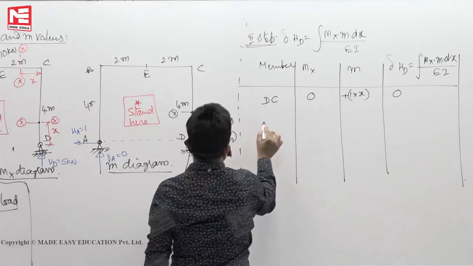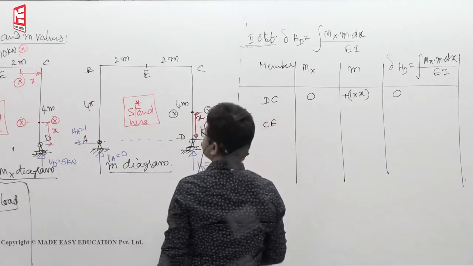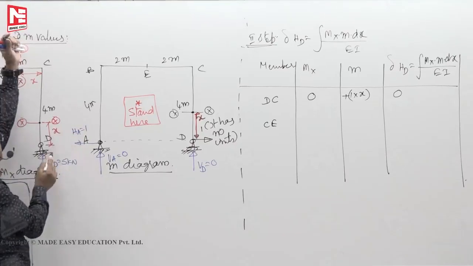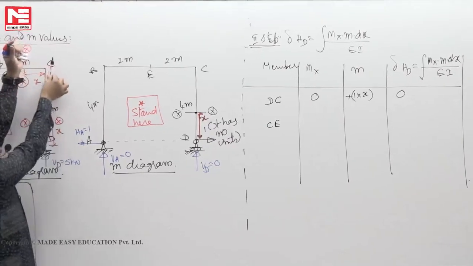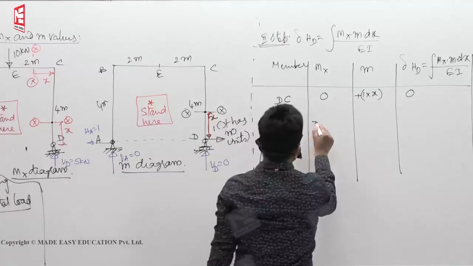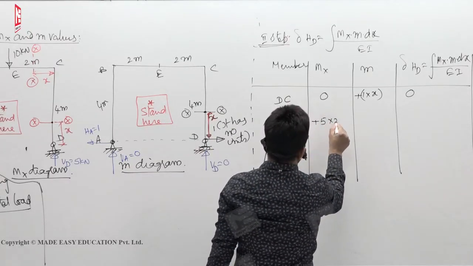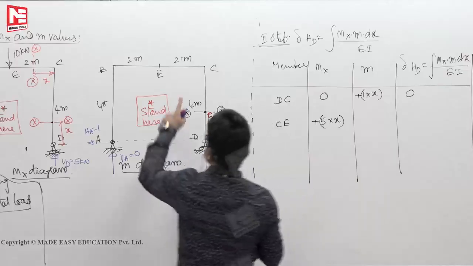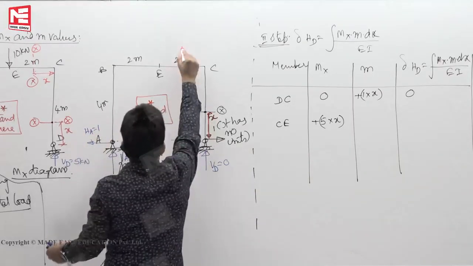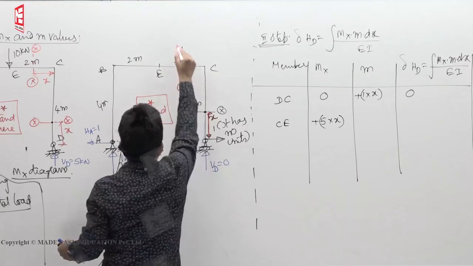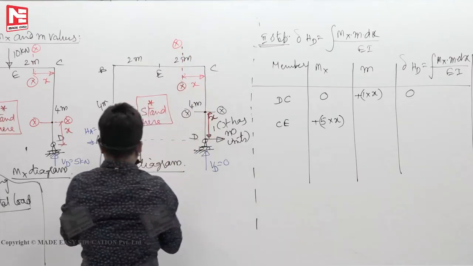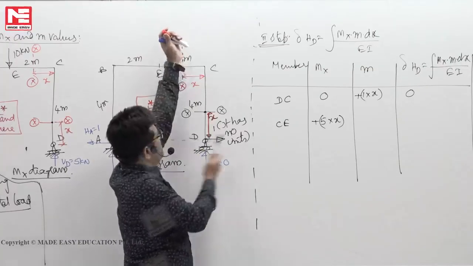Next, the CE member. Stand here, look right side: 5 into x. Next, take a section XX here at a distance of x. Now stand here, look right side.